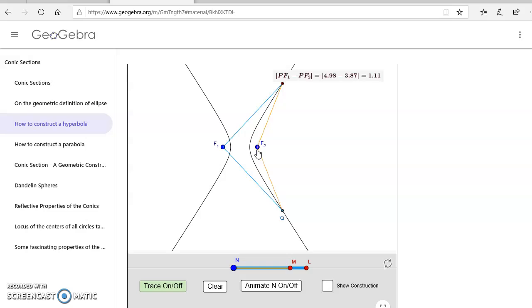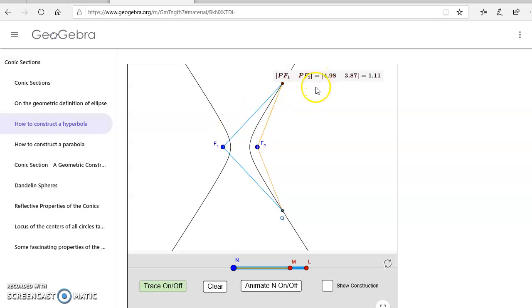And like an ellipse, the hyperbola is defined based on some distances to the focal points. So the distances, though, in an ellipse, we were saying any point on an ellipse would be set so that the total distance to each focal point is, as a sum, equal.